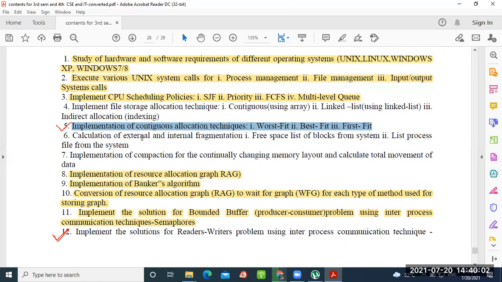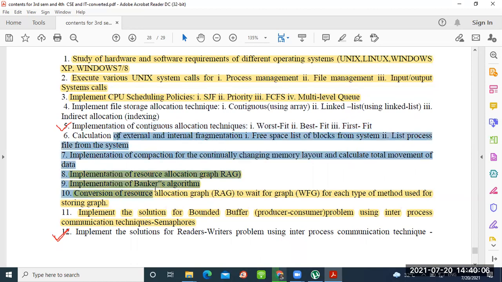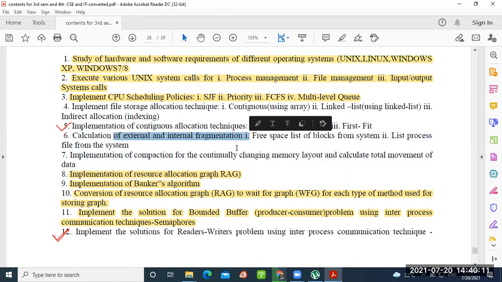And we will again talk about external fragmentation and internal fragmentation, and how to calculate them for free space. We will see this later on.